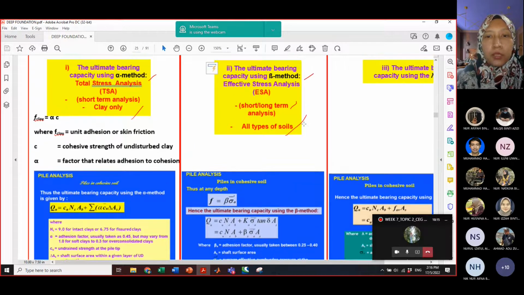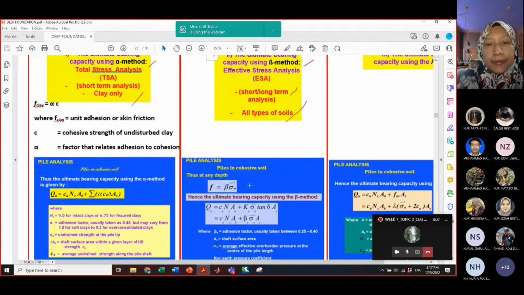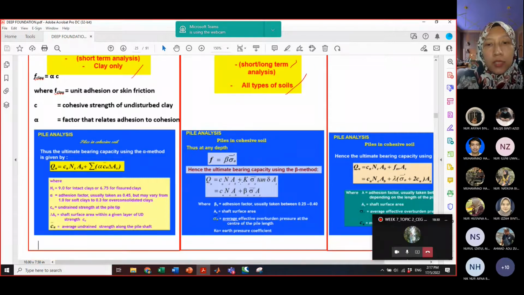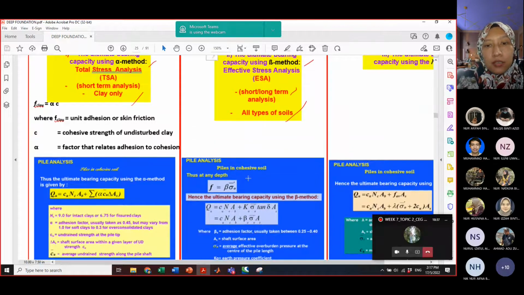Meanwhile, for the beta method, which is more applicable for effective stress analysis, it is also known as short or long-term analysis for all types of soil, as can be seen here. Here the QS is different. You will see here, QS is by the beta method.